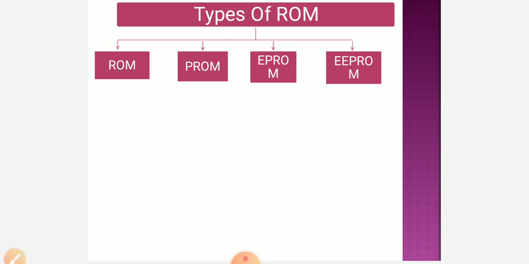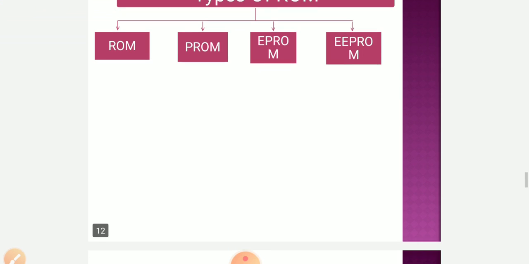Programmable read-only memory. Then EPROM. EPROM means erasable programmable read-only memory.